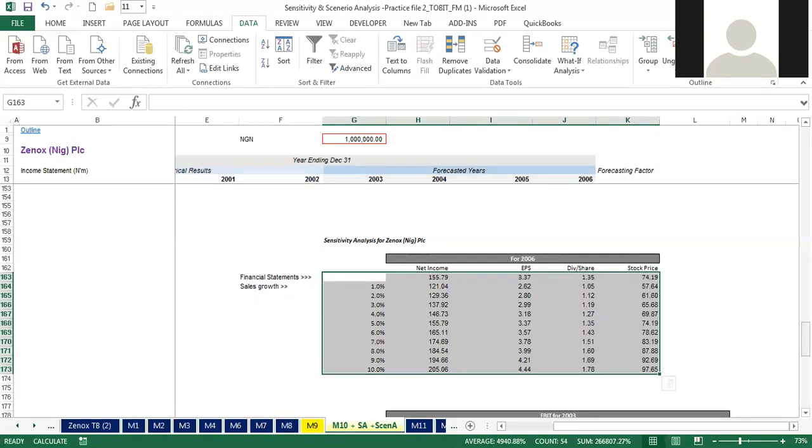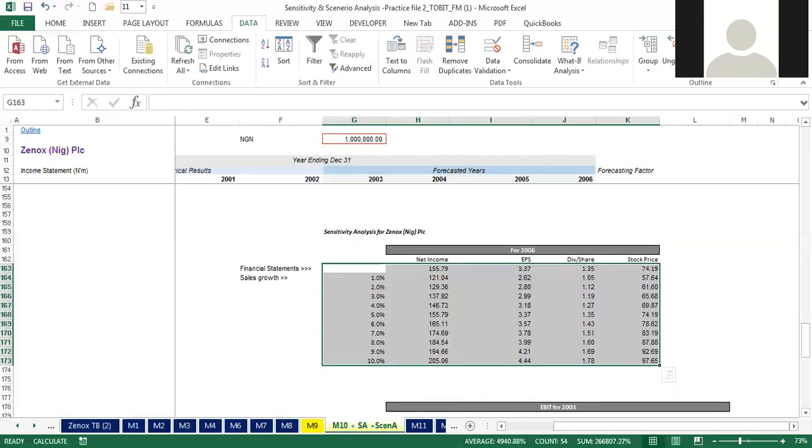The second part now says also create a two input data table for EBIT. There are two different cases. What we looked at in that class was a two input data table, not a one input data table. Do you understand? I hope that's clear. So that's what we have.